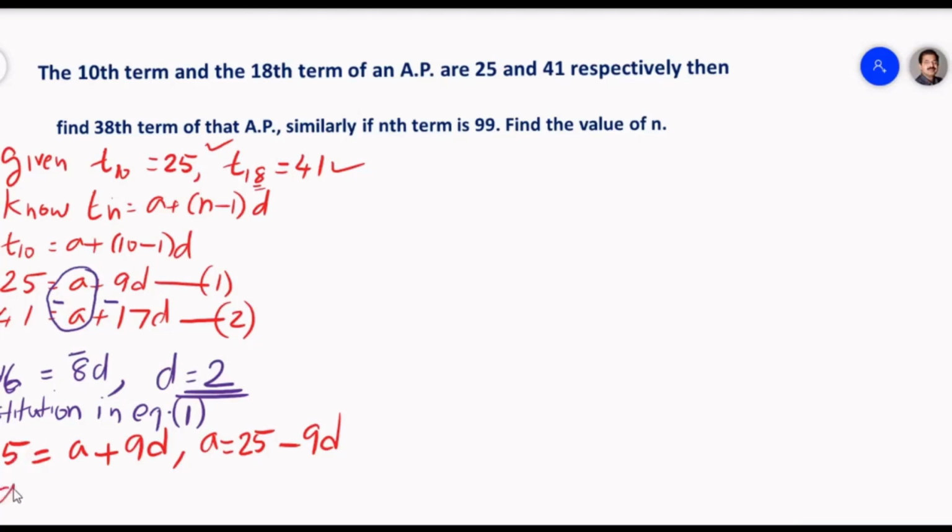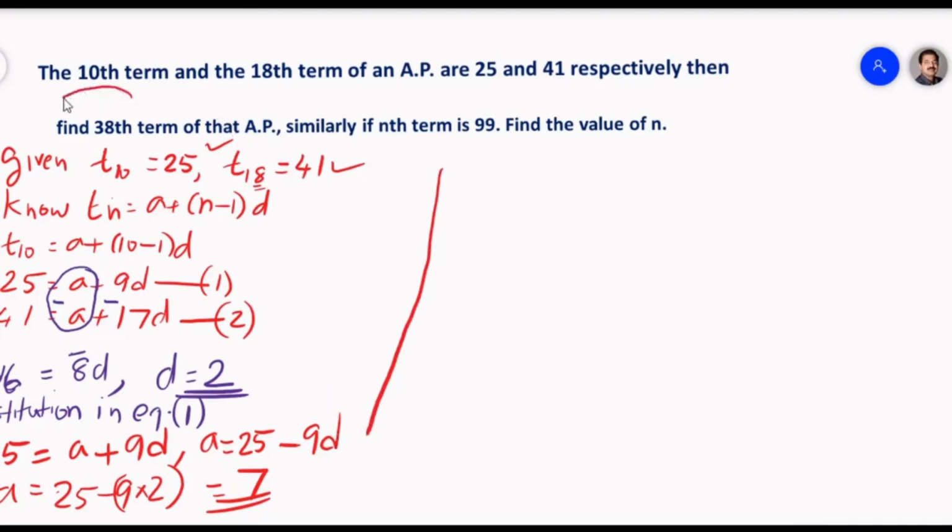A is equal to 25 minus 9d, and what we will do is, in place of d, put d is equal to 2, already known. So 9 twos are 18, and 25 minus 18 is 7. Okay, so we got two things now, we got d and we got a. Now we can find the 38th term because we have the formula for it.